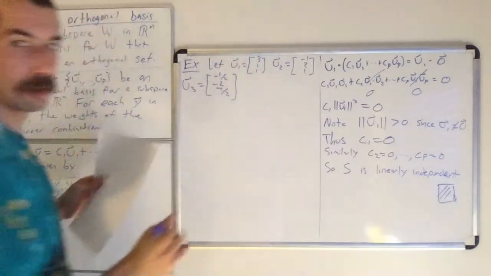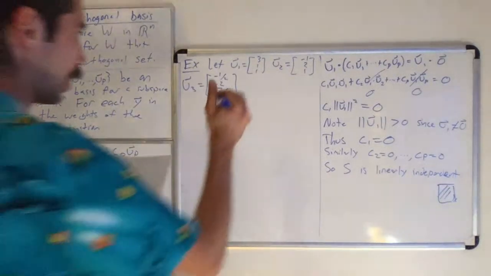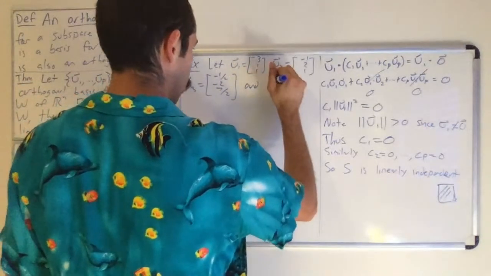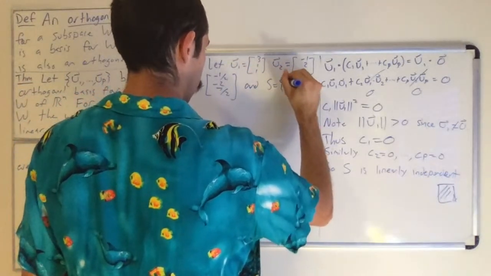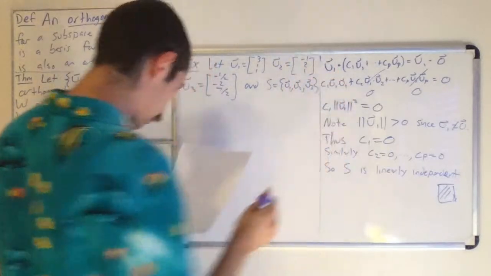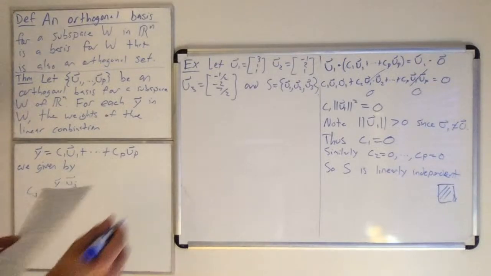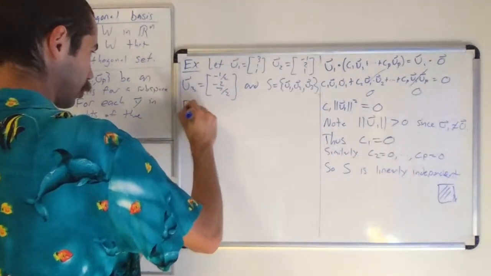Okay, so we'll let u1, u2, and u3 be the same vectors as in our previous example, and we'll let S equal the set of these three vectors. Okay, so there's two parts.